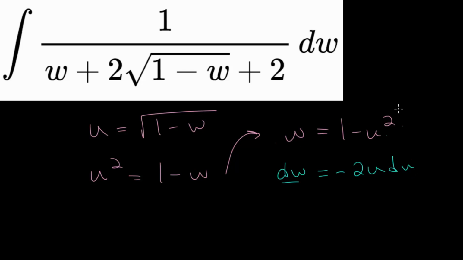And we also know what w is, so we can replace this here with u, and this here with 1 minus u squared. So let's rewrite our integral and see if we've transformed it into something that works.